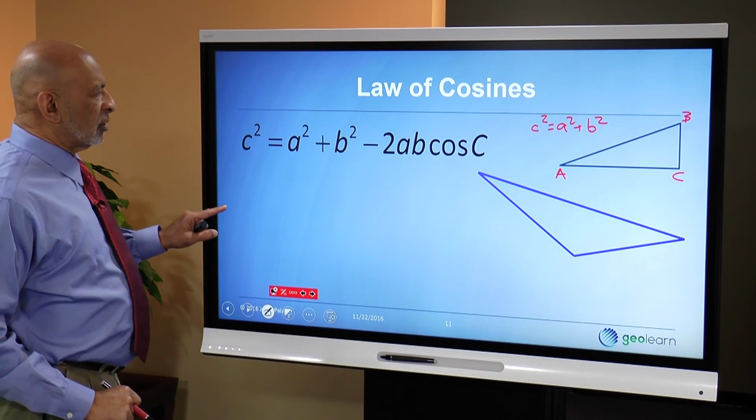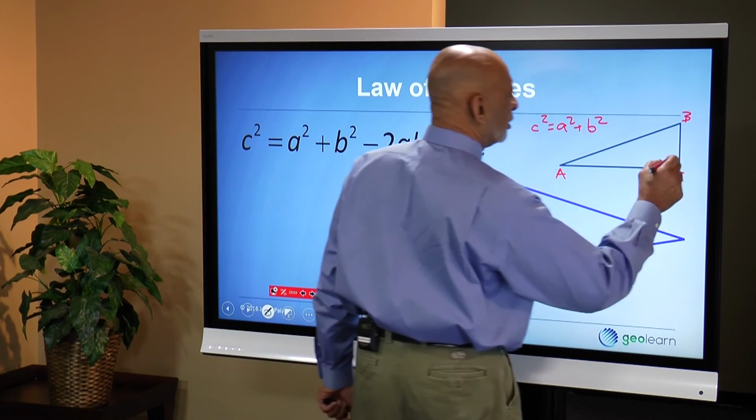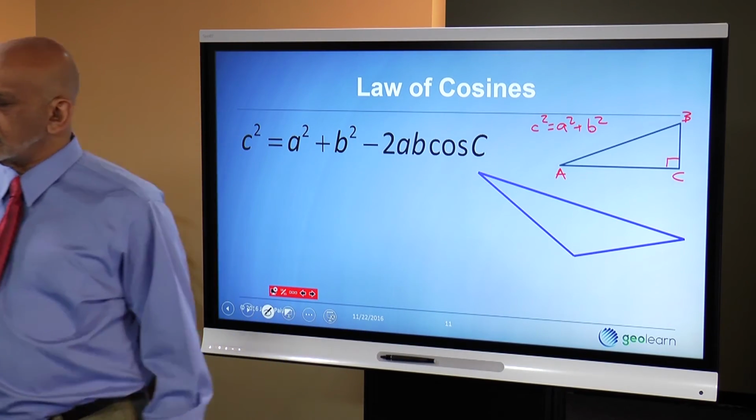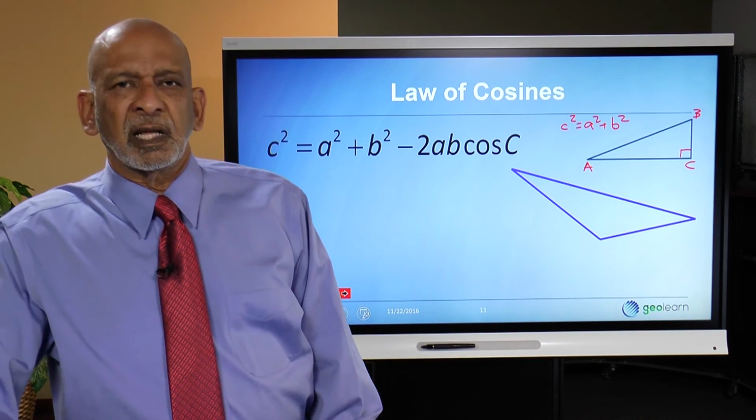What we are saying is that when you don't have a right triangle, that's really inconvenient. It doesn't help us to solve it.